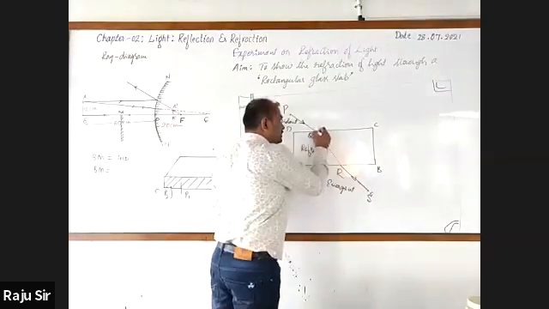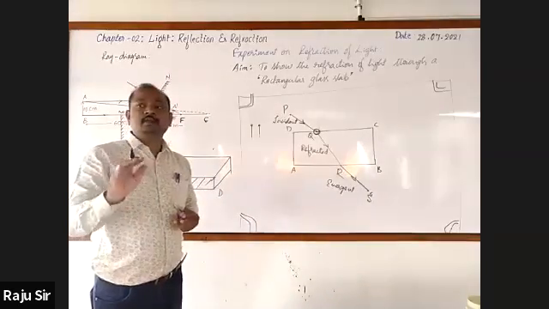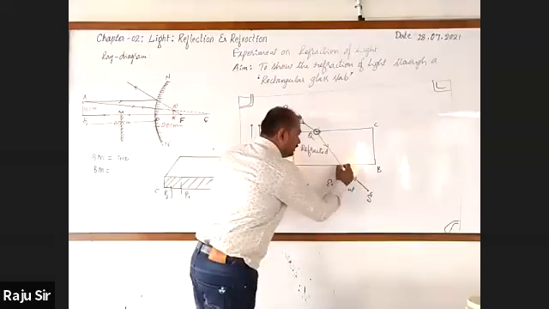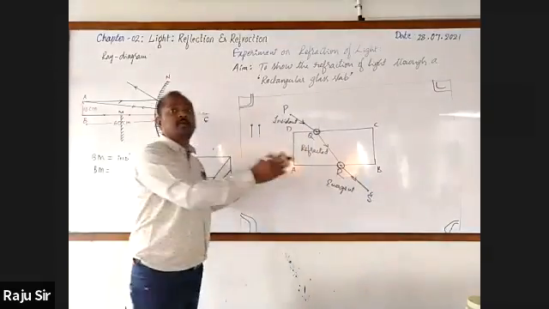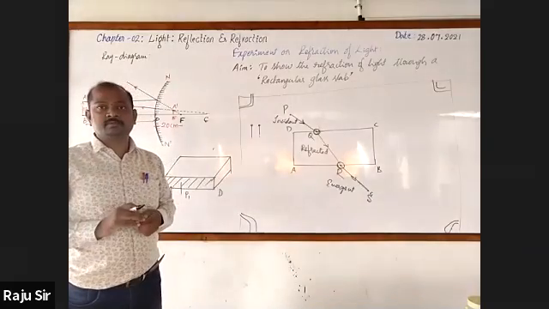And here, the point Q is called the point of incidence. And this is the point R, from which the ray of light comes out of the slab, called the point of emergence.